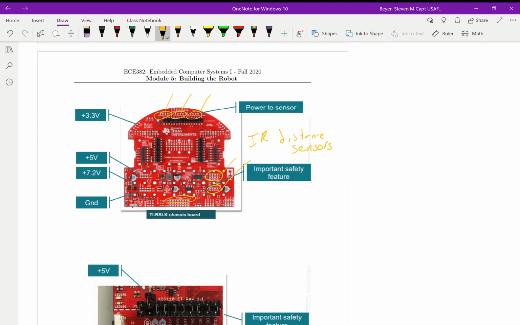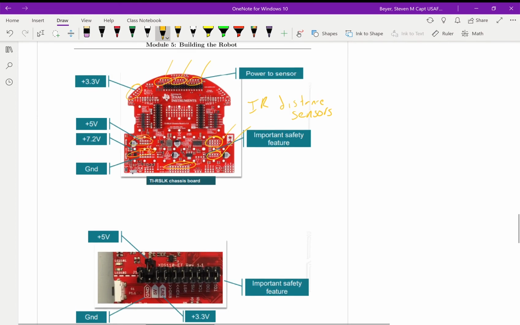Okay, and then if you ever need to, so this is your robot, if you ever are using it in a different class or anything that you want to do as a side project, we do have power pins that you can access, 3.3 volts if you want to add on any other sensors or systems.